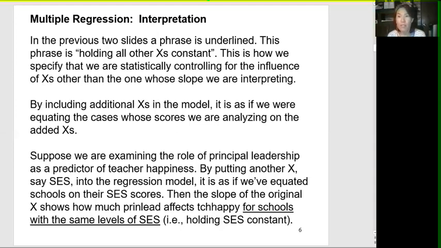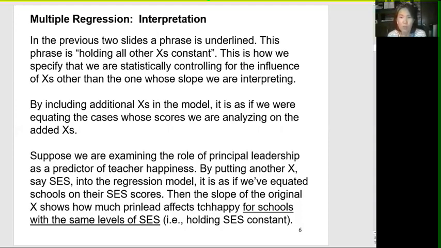So every employee can have a different SES level, even though the employees have the same boss or the same working place. The individual socioeconomic status is different, right? It is as if we equated scores on their SES scores.